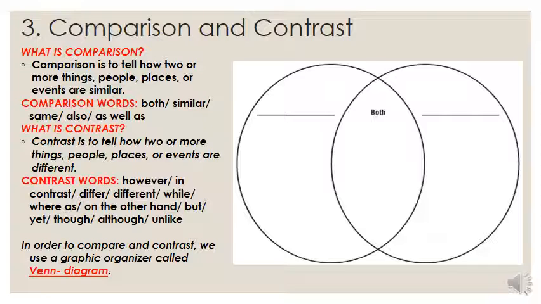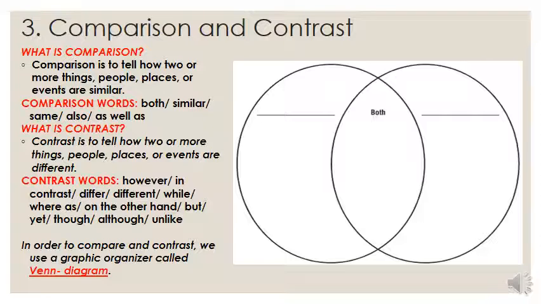To compare is to state the similarities, and to contrast is to state the differences. Now we move to the words used to contrast, such as however, in contrast, on the other hand, although, unlike, but, yet. All of these are words used to contrast.